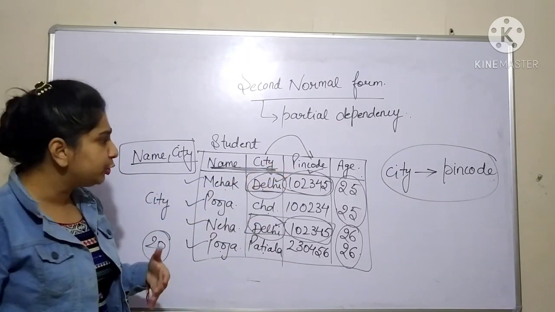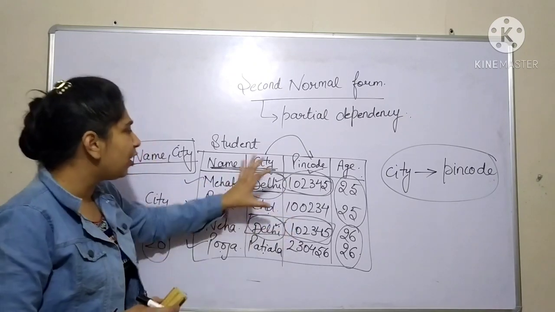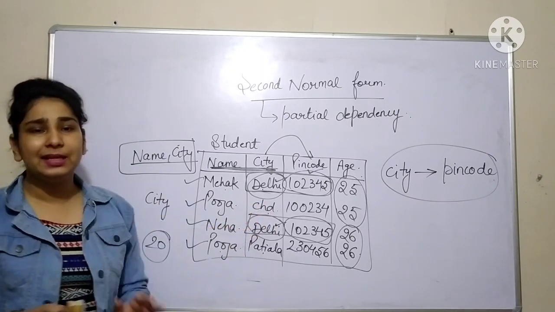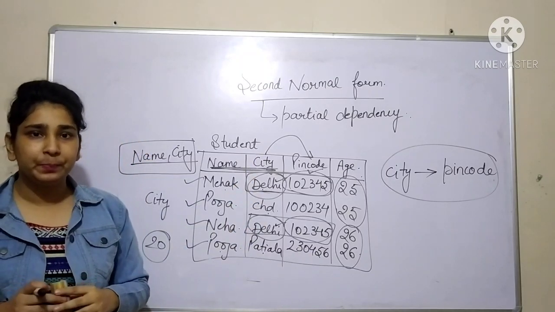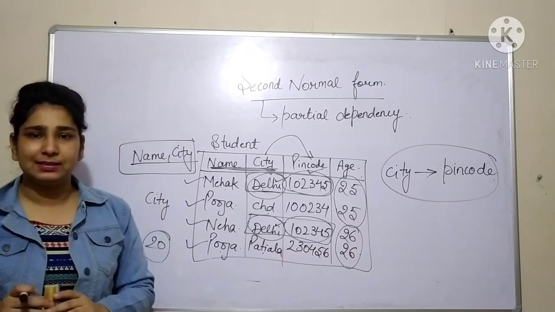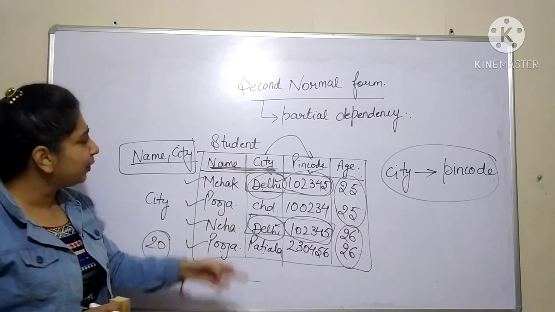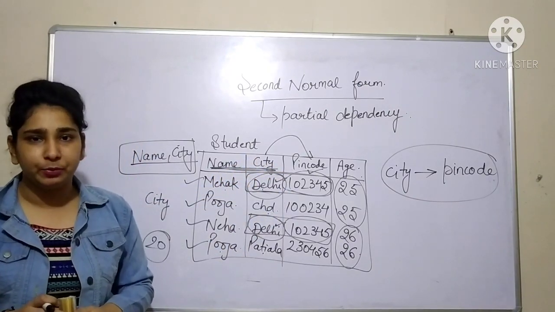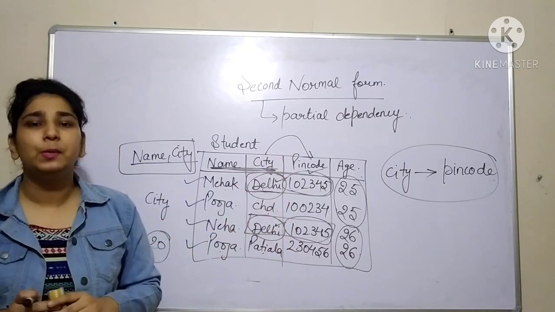If we have to remove the redundancy of this relation, we are going to decompose this relation into many relations. Okay, firstly we have to find out the functional dependencies. In this case the part of your candidate key is determining a non-key attribute, so we have this kind of redundancy present in this relation.